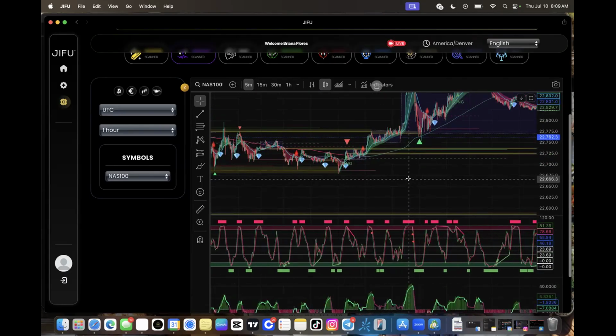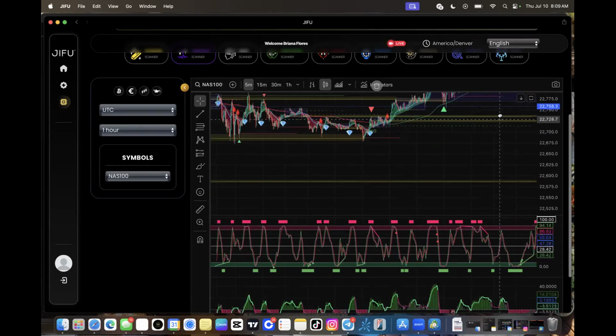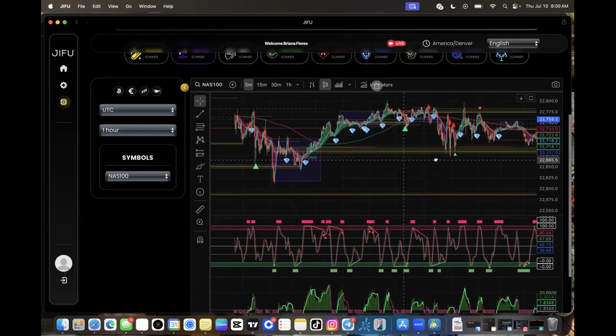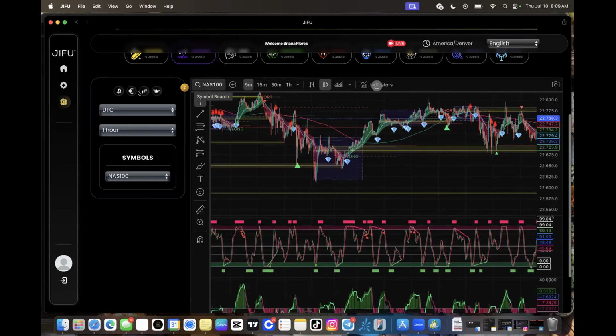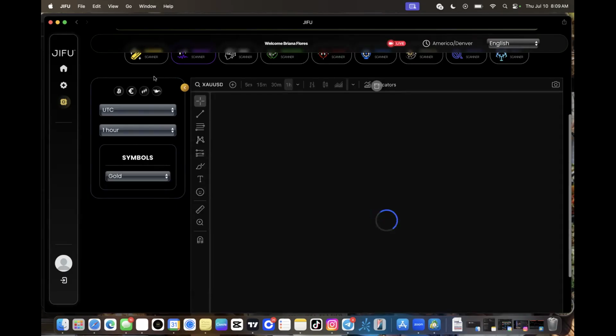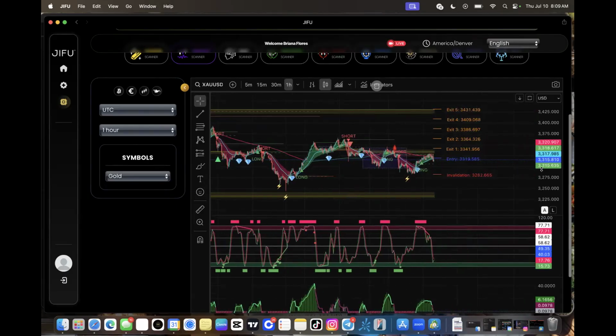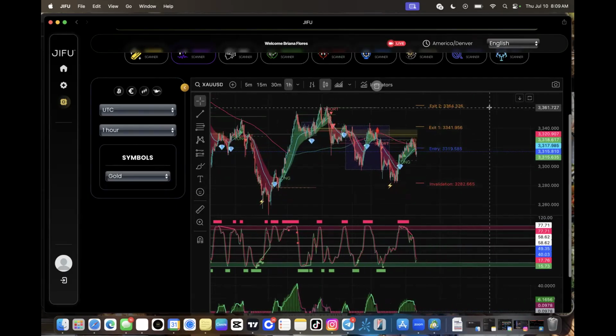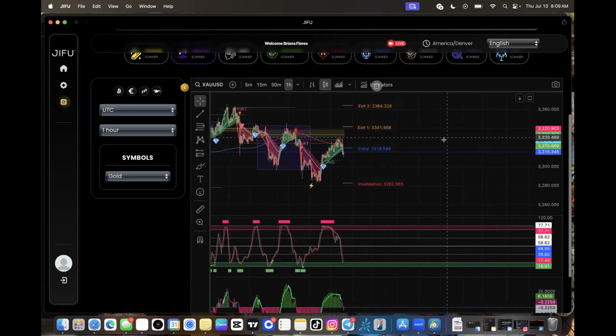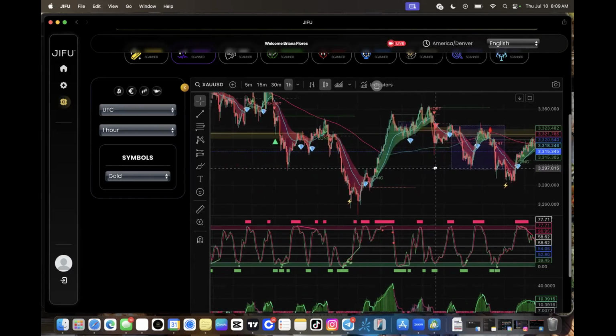Man, the market just was like, you know what? I don't want to let you help at all. I don't want you guys teaching anything. Let's go to gold. Gold's usually really good about this. Gold really relies on this. I think that's just me personally. I don't trade that often when it comes to trading on my own.